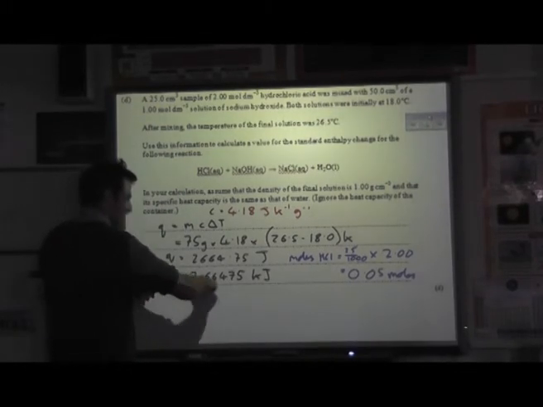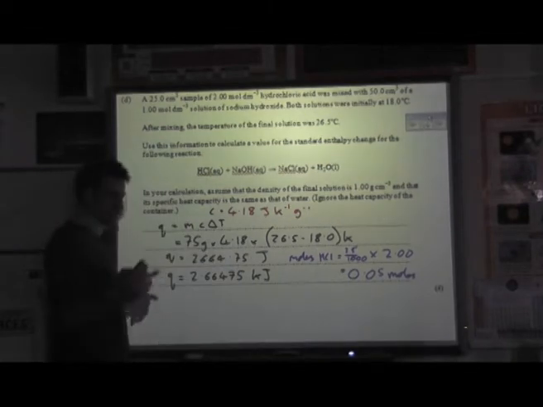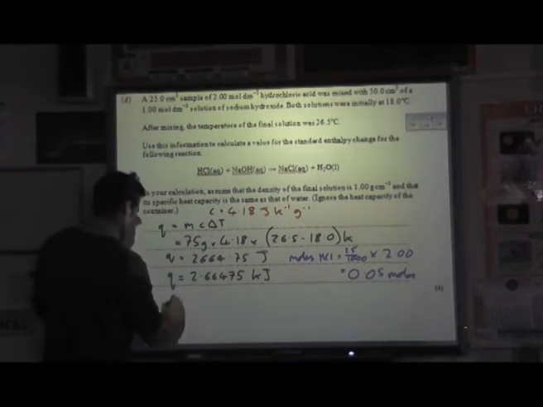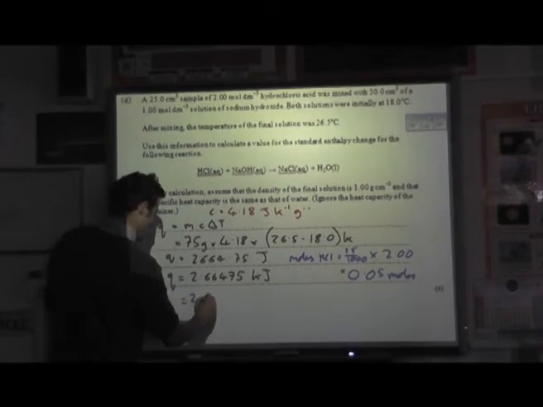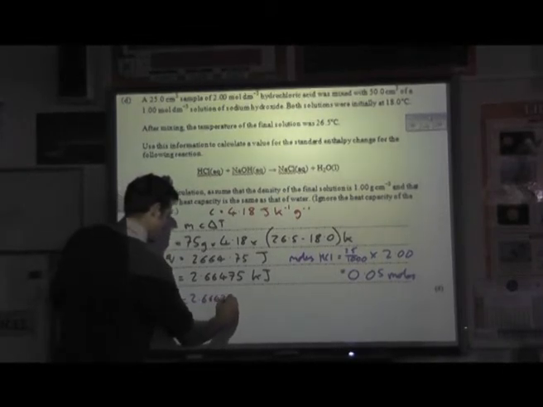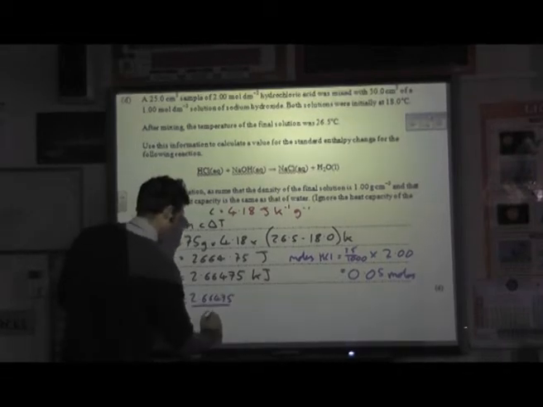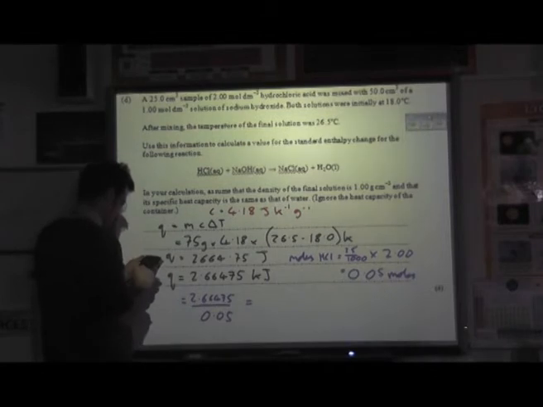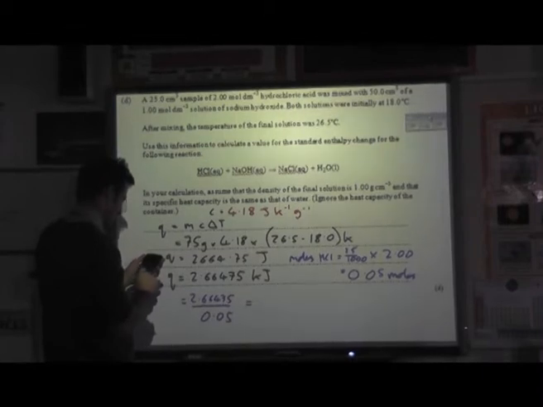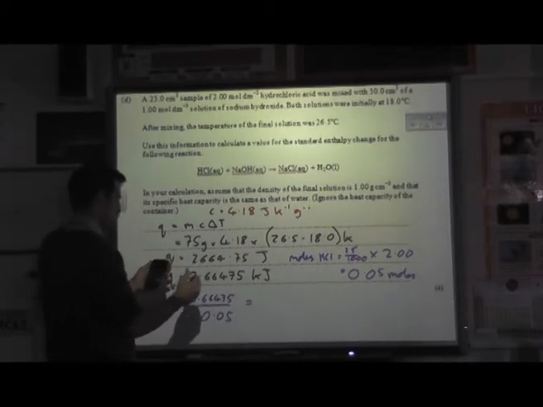What we have to do is get the kilojoules and divide it by the moles to get kilojoules per mole. Okay, so we're going to have now 2.66475 divided by 0.05 equals 53.295.